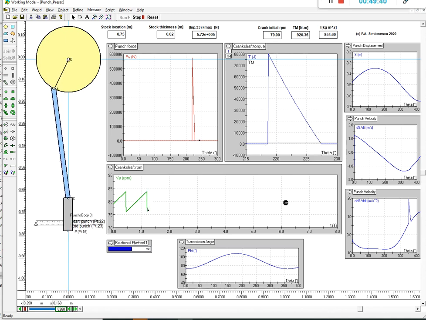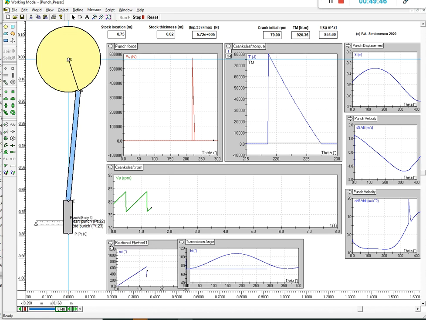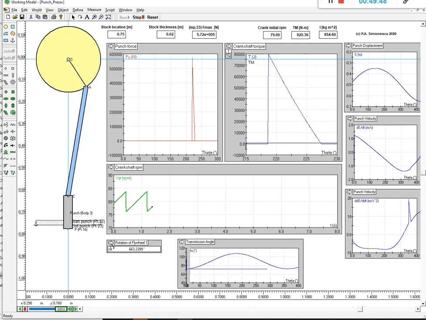Okay, so in a correct simulation, I would see this zigzagging maintained steady.